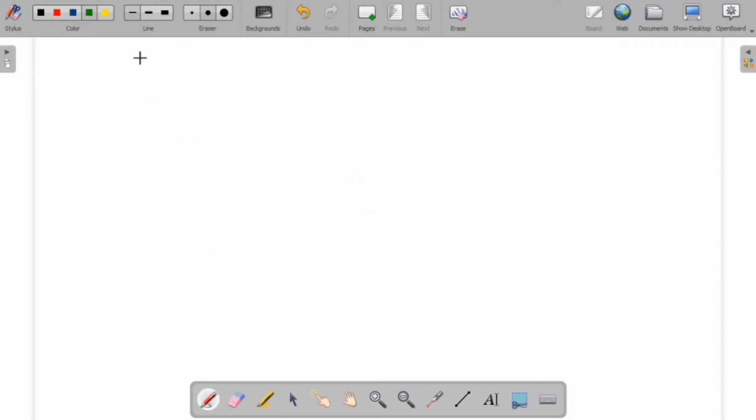y is equal to ab plus ab bar plus a bar b plus a bar b bar.